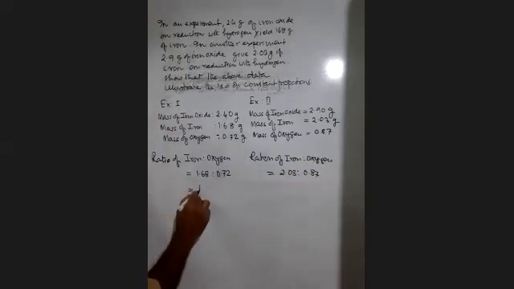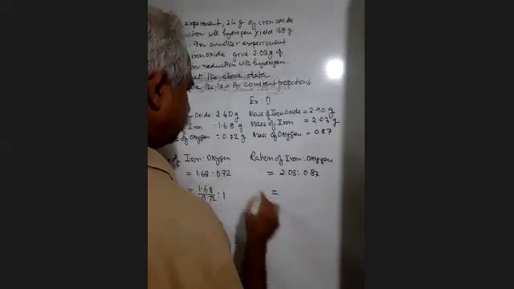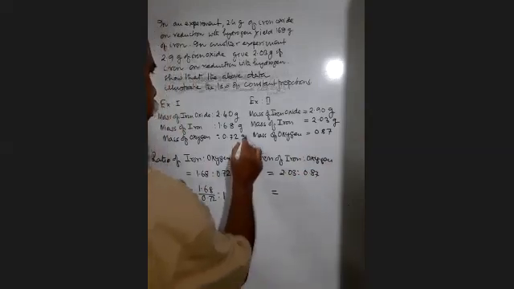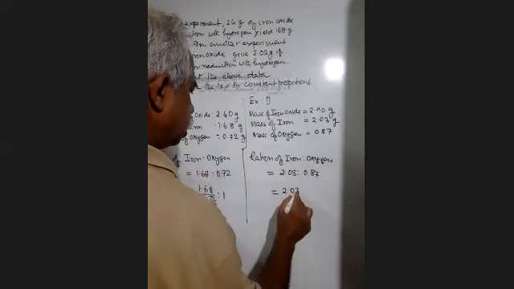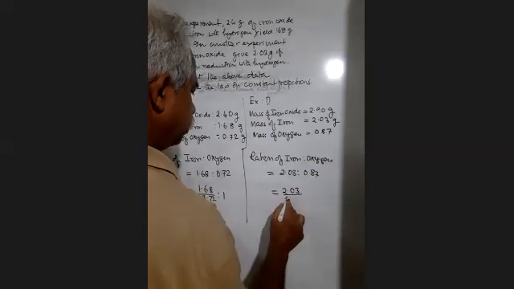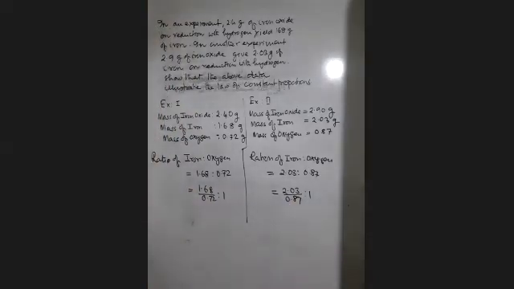So it will be 1.68 divided by 0.72 is to 1. And this is 2.03 divided by 0.87 is to 1. So find out what is the value.